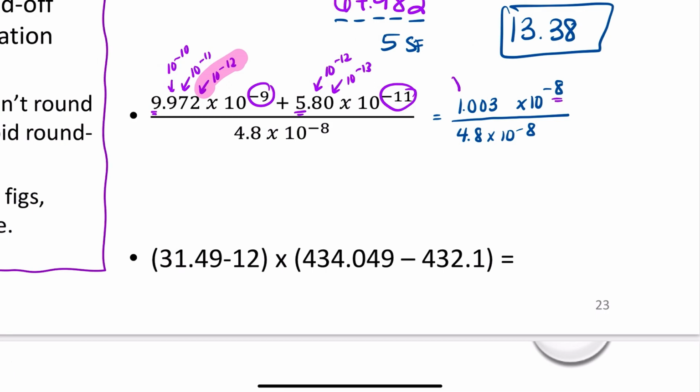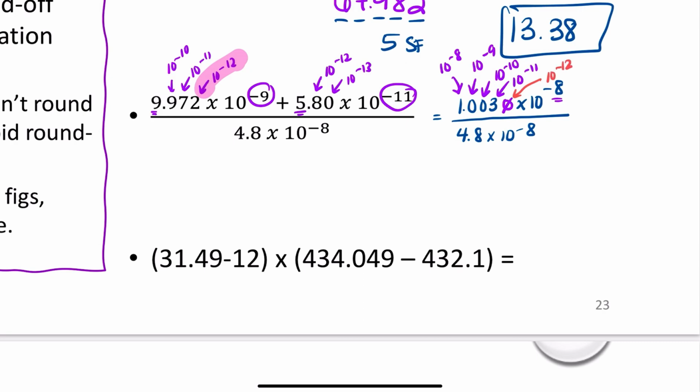I've got negative 8, so 10 to the negative 8, 10 to the negative 9, 10 to the negative 10, 10 to the negative 11. I need this precise to the negative 12th position. I need to add a 0 because that is what's giving me the 10 to the negative 12th position.